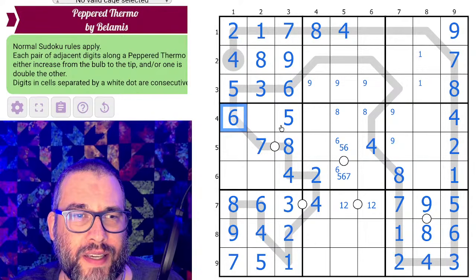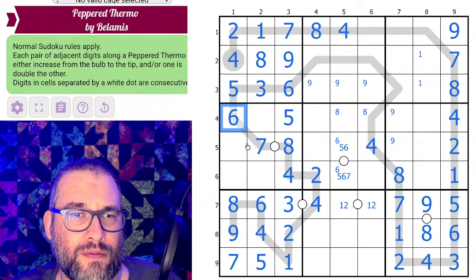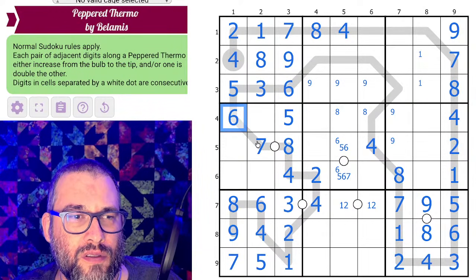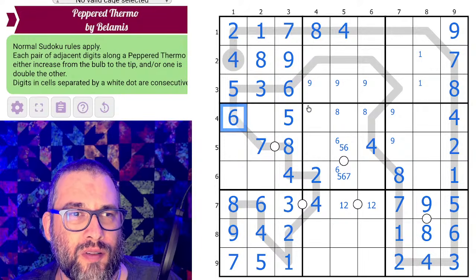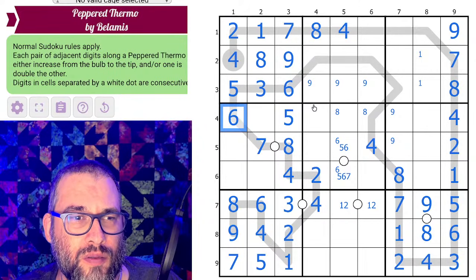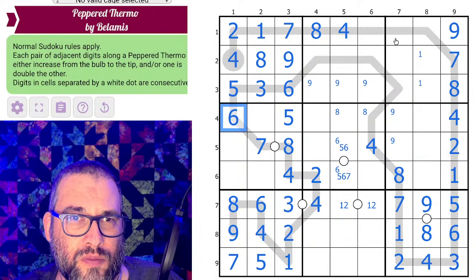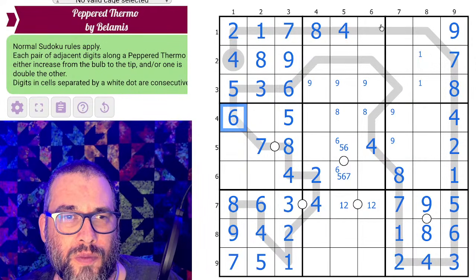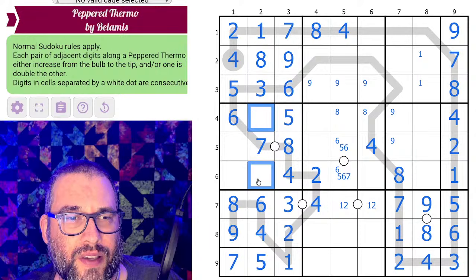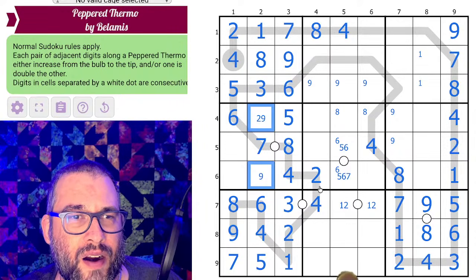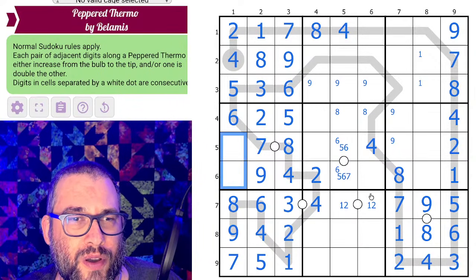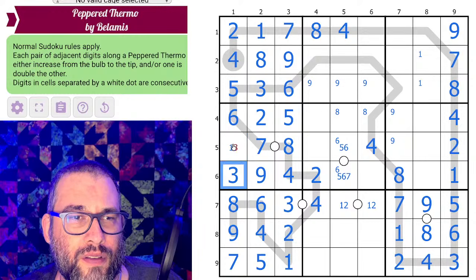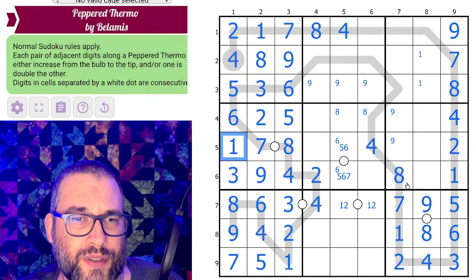This is just a 6. Let's see. That's a pair, which is resolved. That's a pair which is resolved.